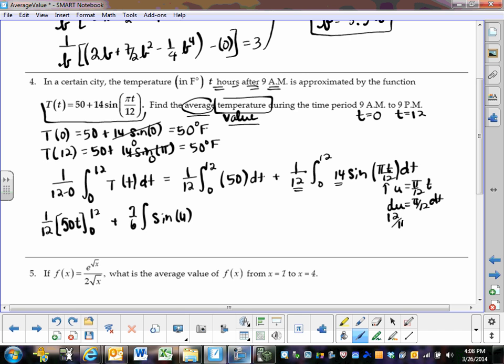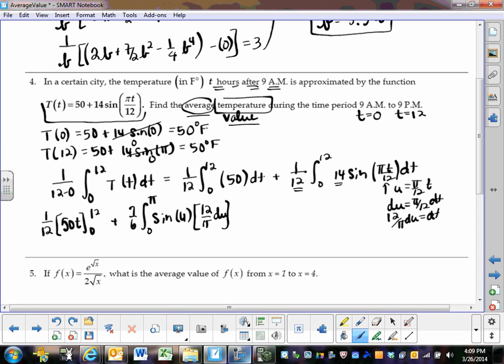And 12 over pi du equals dt. So that means I technically have 12 over pi du in place of my dt. So if my 12 is the time value, if I substitute that into the u, then I end up with 12 pi over 12, so that ends up being just pi. If I substitute 0 in as my time into the u, I start at 0.